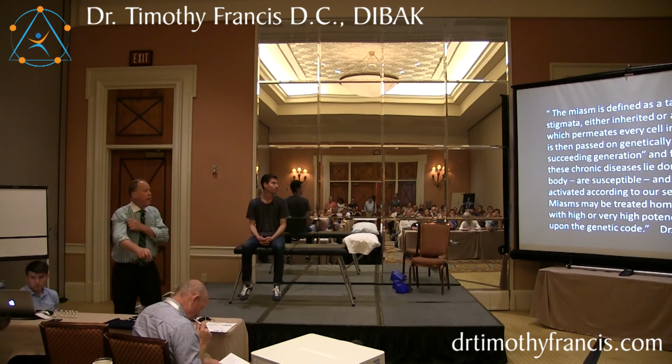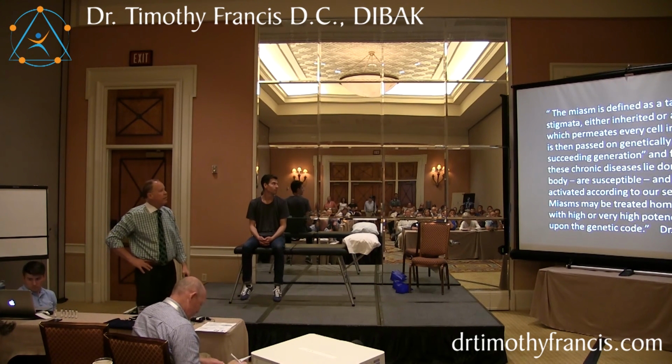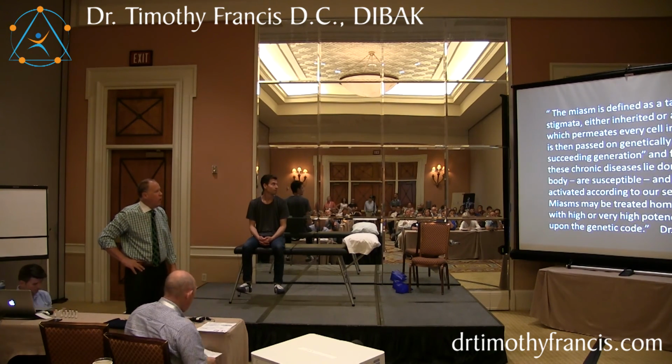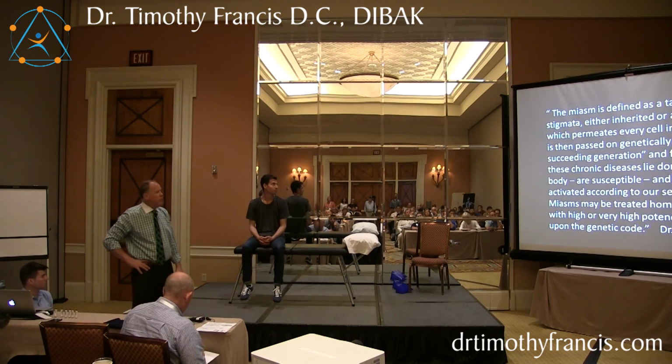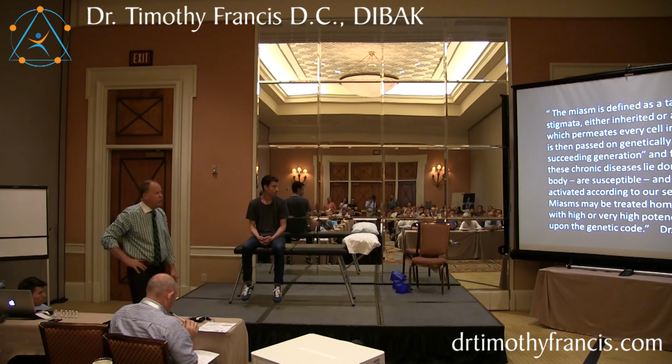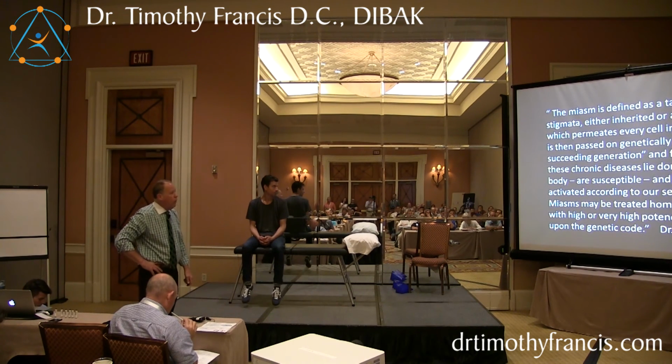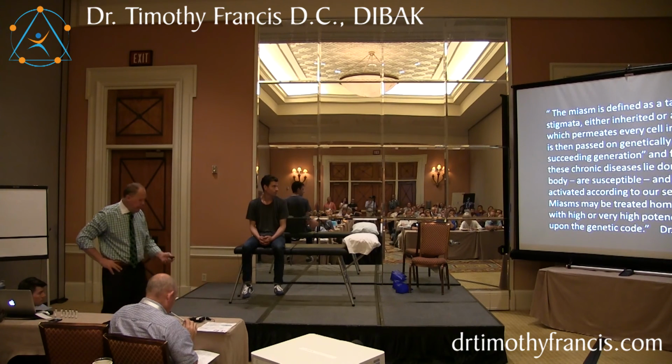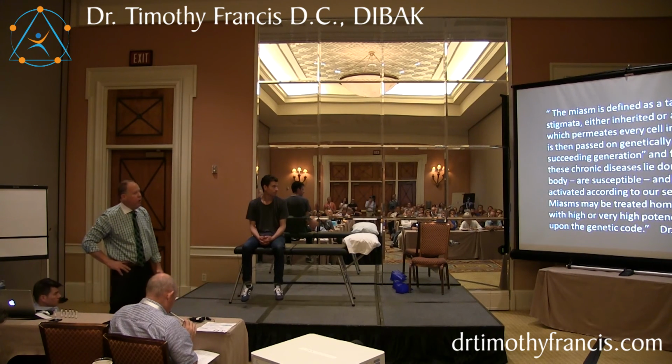Miasm is defined as a taint or stigmata, either inherited or acquired, which permeates every cell in the body and is then passed on genetically to each succeeding generation. Further, these chronic diseases lie dormant in the body, are susceptible, and can be activated according to our sensitivity. Miasms may be treated homeopathically with high or very high potencies to act upon the genetic code.